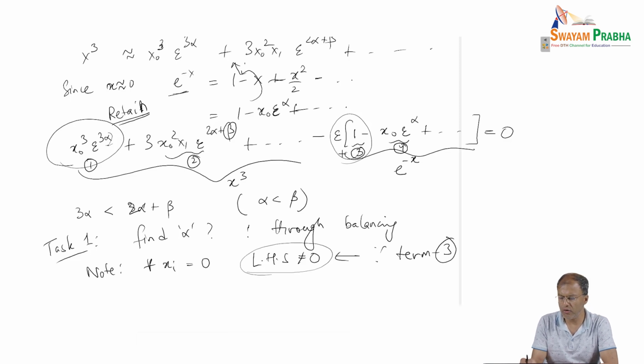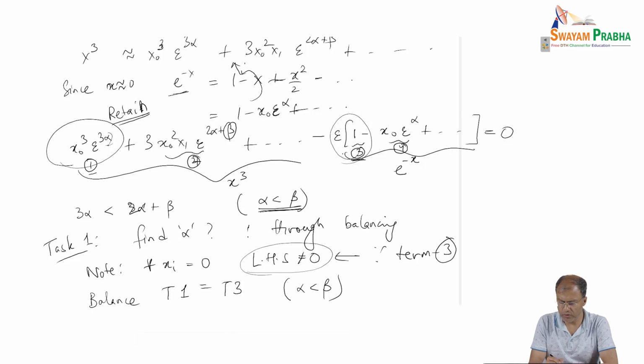And we are equating a non-zero term to 0, and that is not possible unless term number 3 gets cancelled with some of the remaining terms. Since alpha is less than beta, we would try to balance term 1, let us call it T1, with term 3. The order of term 1 is lower than the order of term 2.